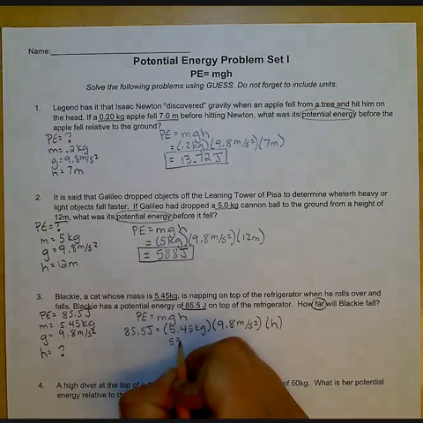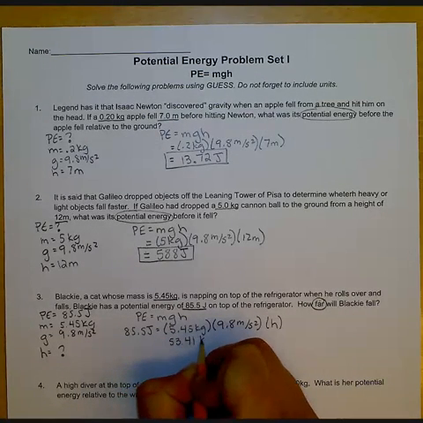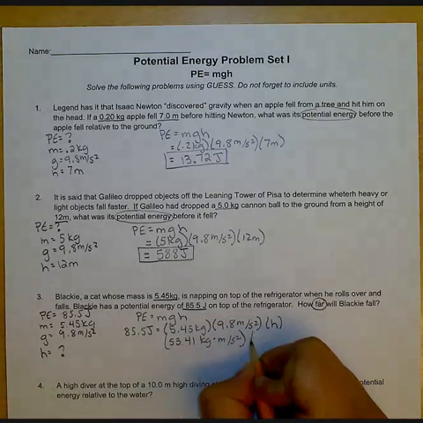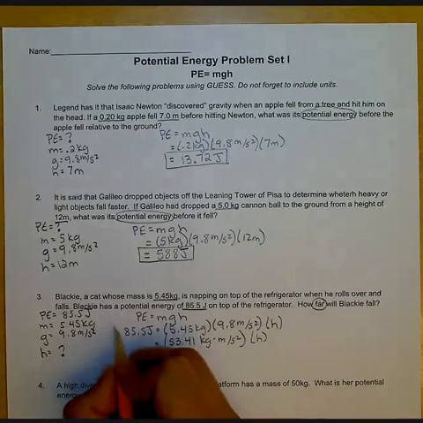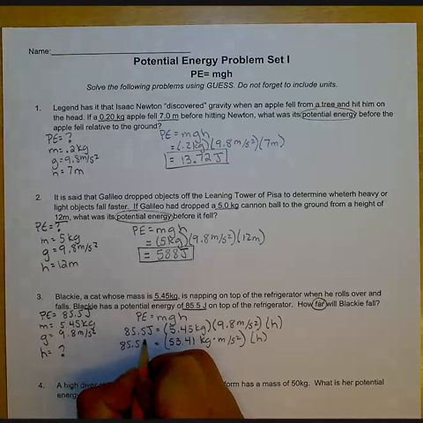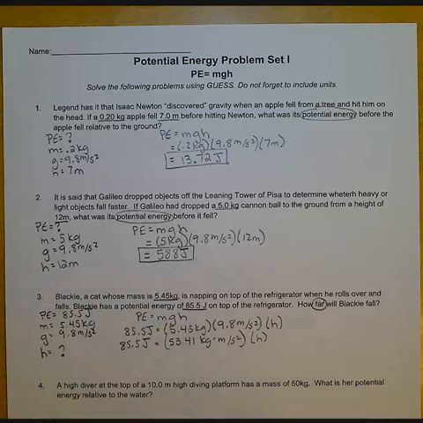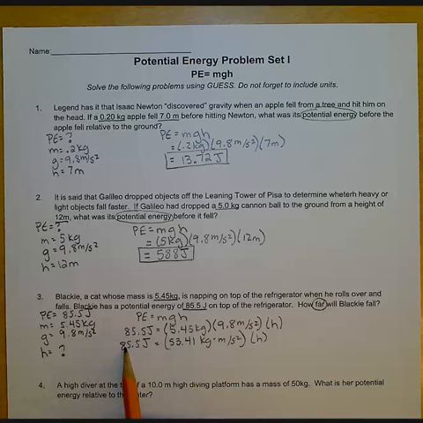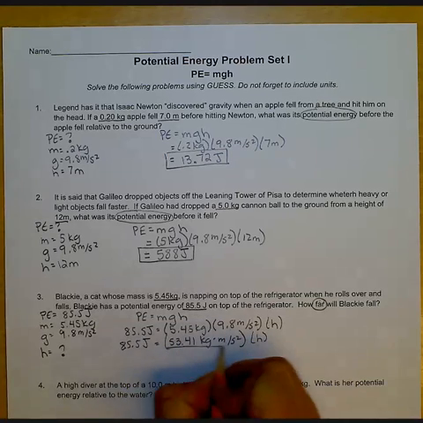So 53.41 kilograms times meters per second squared times my height, and that's going to be equal to 85.5 joules. Now I'm going to go ahead and divide this side by that 53.41 and divide this side by 53.41 in order to get height on its own.